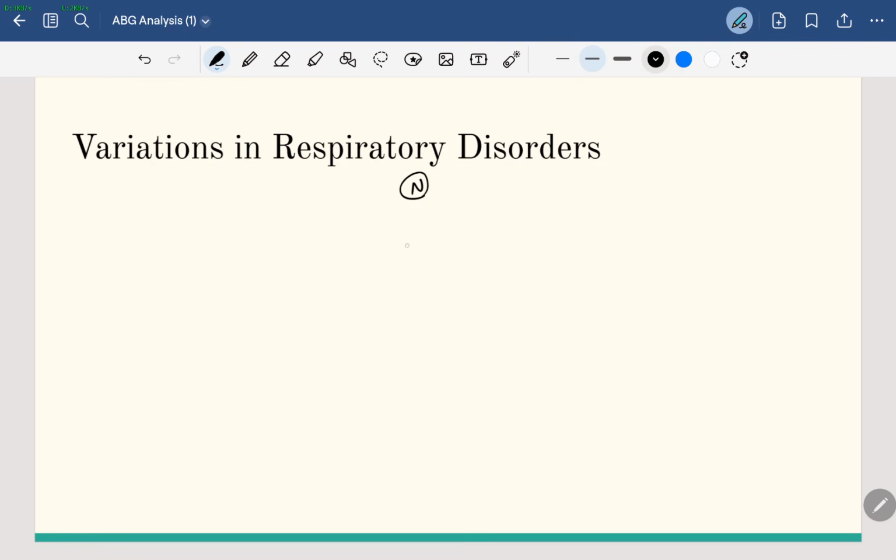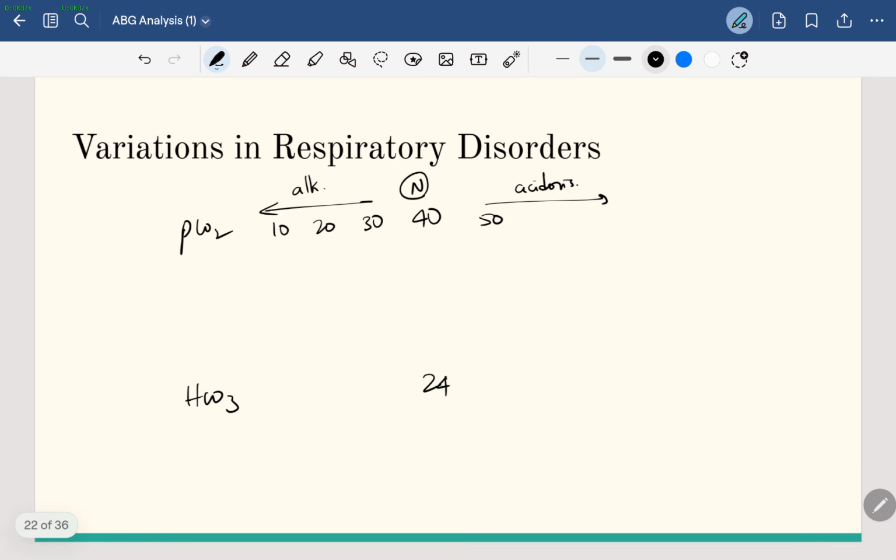We know that the normal PCO2 is around 40 and bicarb is 24. Now, if we decrease PCO2, this would be alkalosis, and if we increase PCO2, this would be acidosis. Here we actually deal in multiples of 10. So we go 30, 20, and 10, and we go 50, 60, and 70.